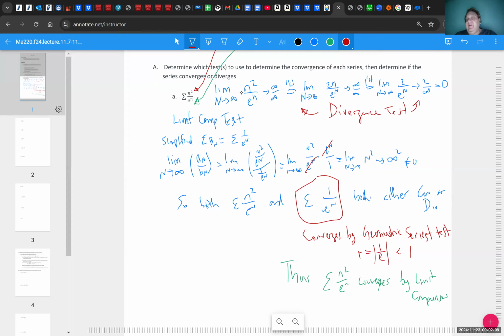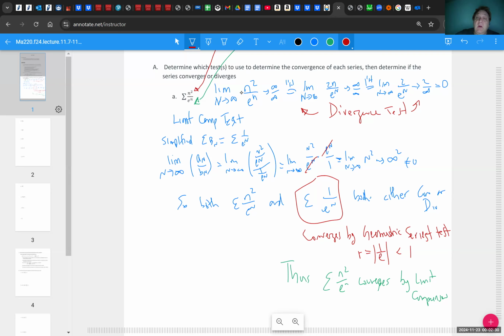We started analyzing the function, thinking that this is kind of like an e to the n type function where the n squared doesn't really matter. So we just used a limit comparison test with a simplified version, 1 over e to the n. Then we did the math, and the limit ended up being non-zero.